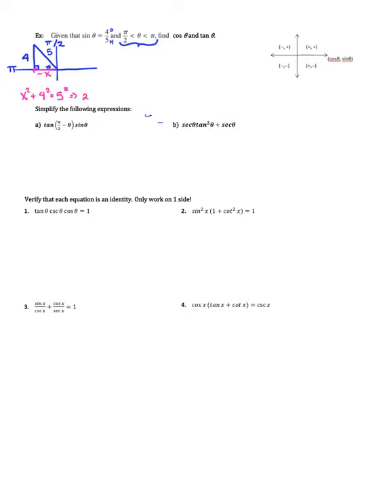That means 25 minus 16 is 9. We have to take the square root, so this side will be -3. Pythagorean will only give you the positive value, so you need to know that in the second quadrant, the x value is negative. So we have -3, 4, and 5 for the sides of our triangle.